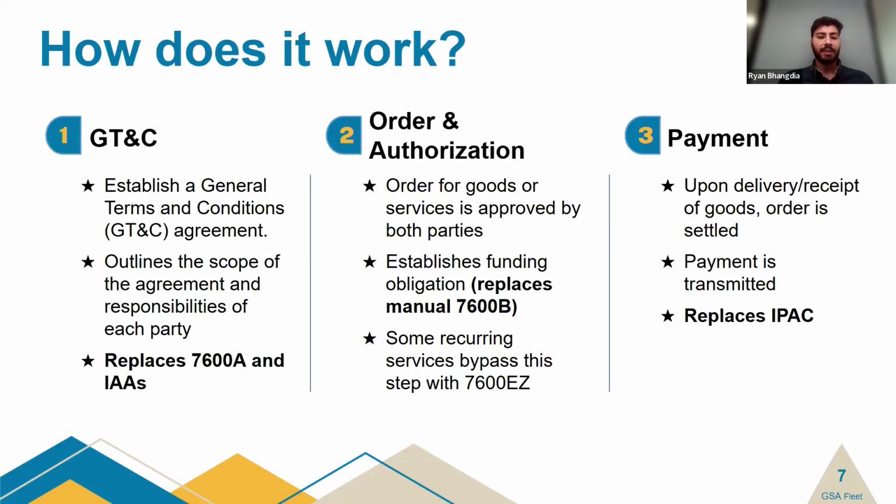And so the purchase of agency-owned vehicles will use the standard seller-facilitated orders, and this will involve the order authorization step in G-invoicing, while fleet leasing and other recurring services will utilize the 7600 Easy process that bypasses a few of these steps, but functionally the order and authorization step replaces manual 7600B forms. For many of you on the DoD side, the equivalent may be a MIPR, for example.